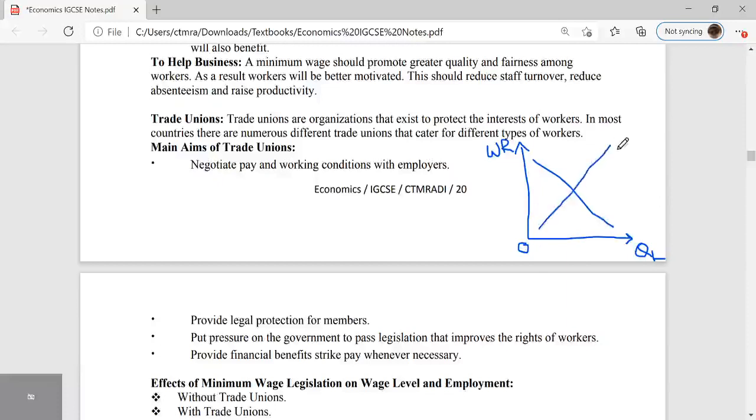This is a normal demand and supply curve for labor. This intersection point is the equilibrium wage, and this is the equilibrium quantity.